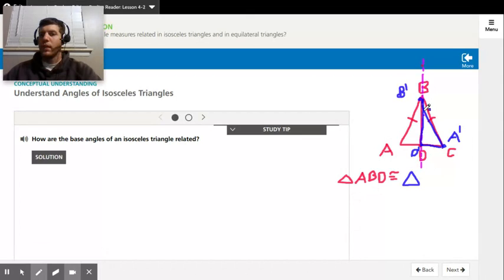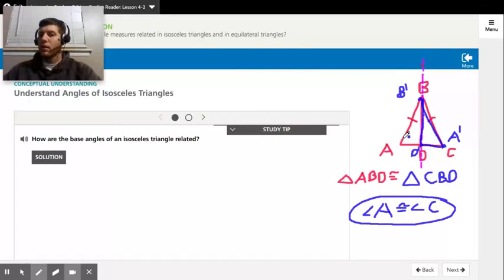So ABD would match up with CBD. Since we now have a triangle congruence statement, we therefore know that angle A is congruent to angle C. So that's going to show that the base angles of an isosceles triangle are going to be congruent.